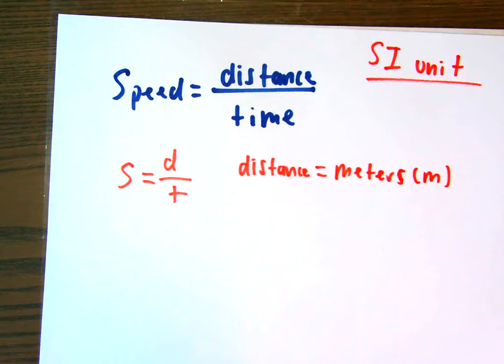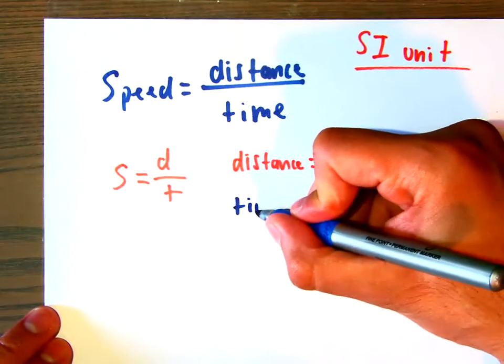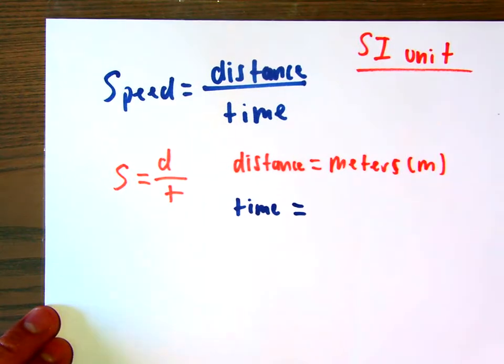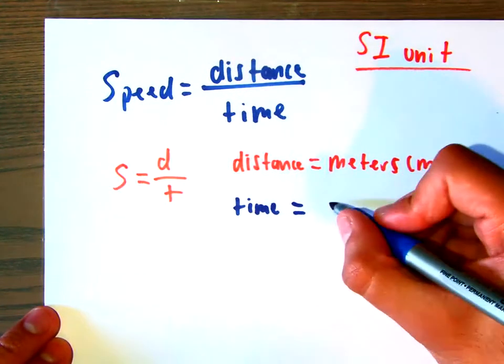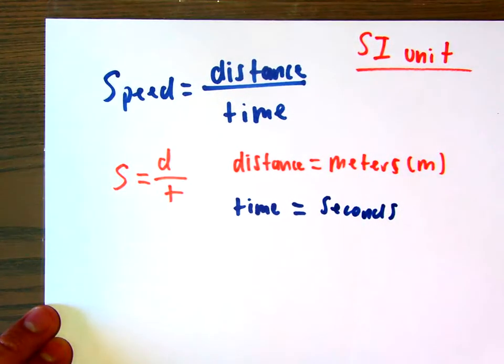But you will also see kilometers. That's another common one. You might also see miles. There's various ways to measure distance. Okay, time, same thing. You can measure it in hours, in seconds, in minutes. When we're dealing with physics, our SI unit for time is seconds, which we measure in.